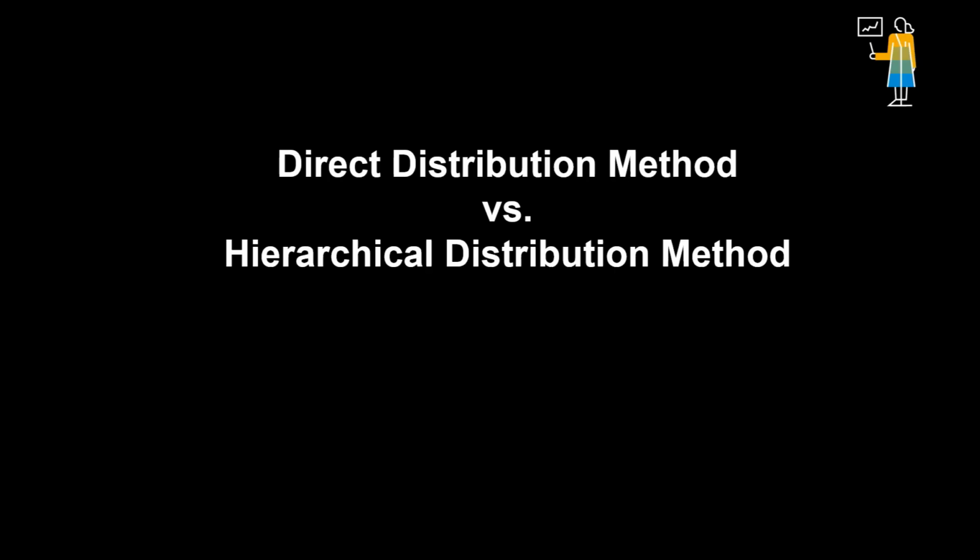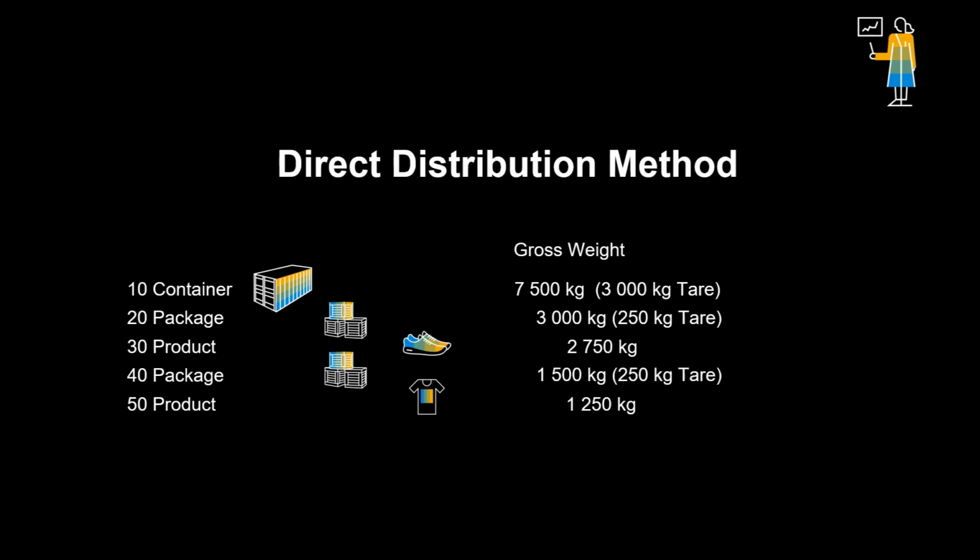We will now have a closer look at the differences between the direct distribution method versus the hierarchical distribution method. In the direct distribution method, we ignore the packaging structure of the freight order and split the cost, for instance, on the weight of the materials directly.